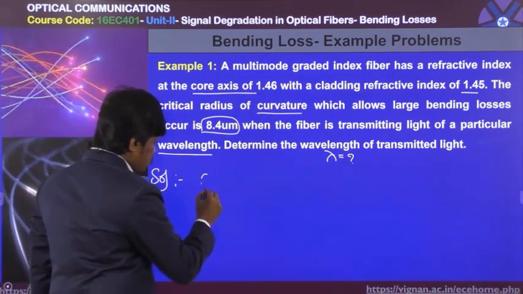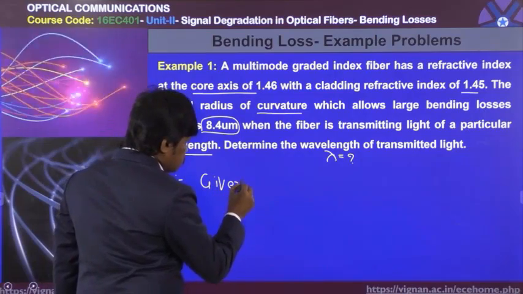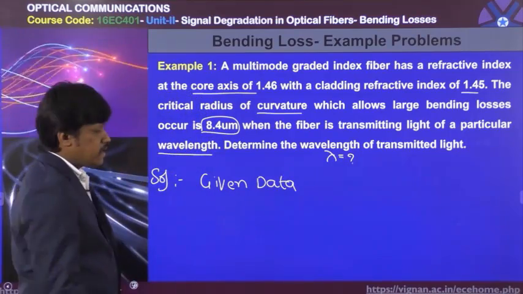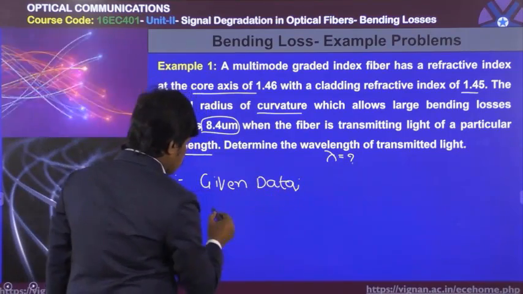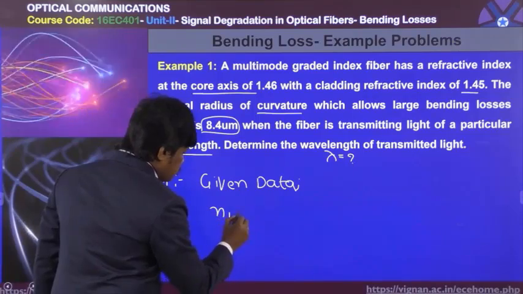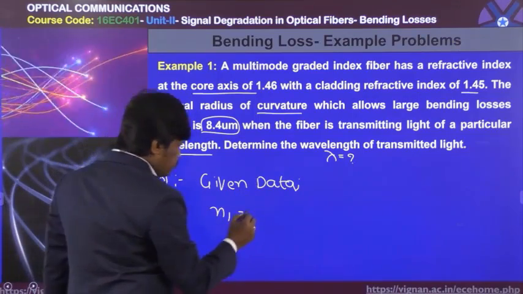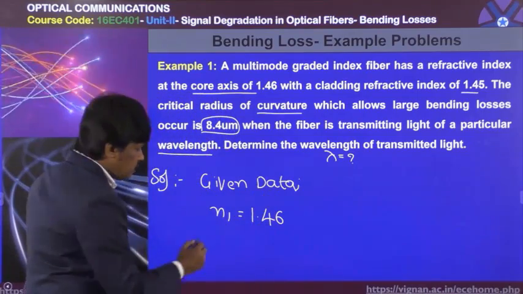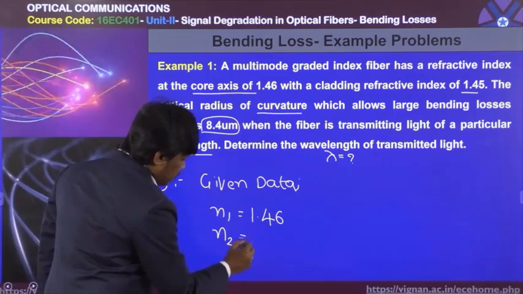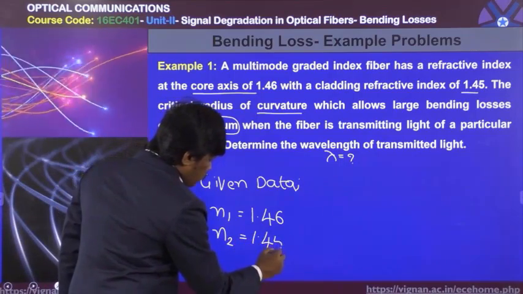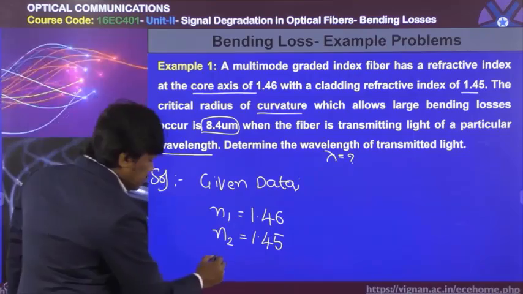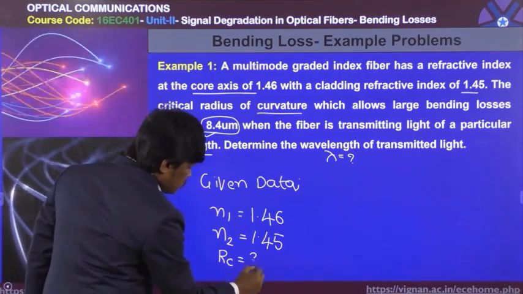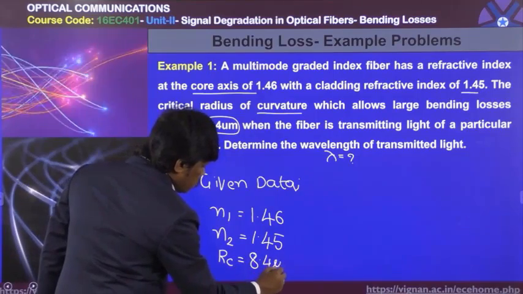Solution: the given data is refractive index of core medium at fiber center axis n1 = 1.46, refractive index of cladding medium n2 = 1.45, and critical radius RC = 8.4 micrometer.